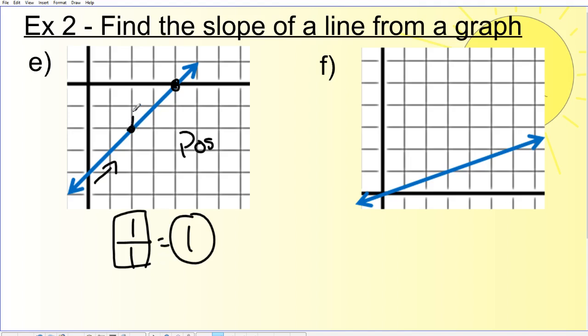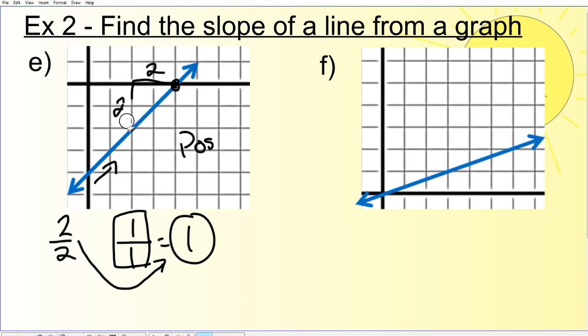If we went up 2 over 2, up 2 over 2, up 2 over 2. Our slopes look different, don't they? But they're not. If you would take this, 2 over 2, and simplify that fraction, do you know what you'd get? 1. And it would work no matter what points you picked.